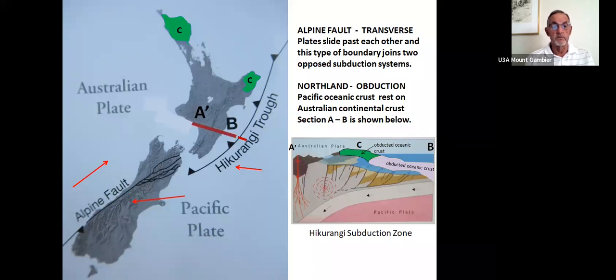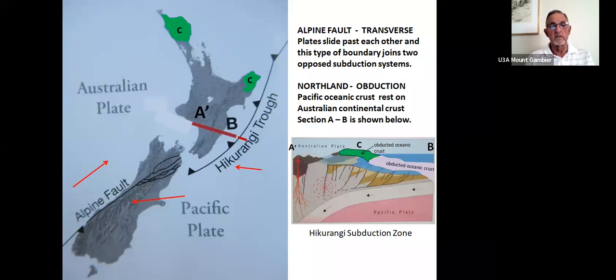It has an unusual situation in that although there's subduction in the Hikurangi Trough of Pacific Ocean crust beneath North Island, as illustrated by the inset, you do have a volcanic arc from A-dashed, Ruapehu, etc., through Taupo, the lake. It's obvious there in the centre of the North Island.